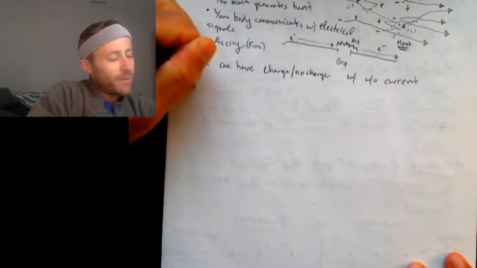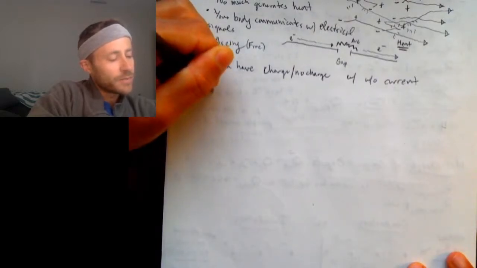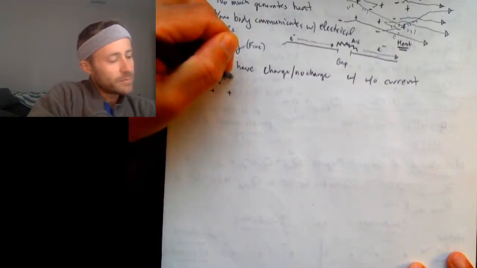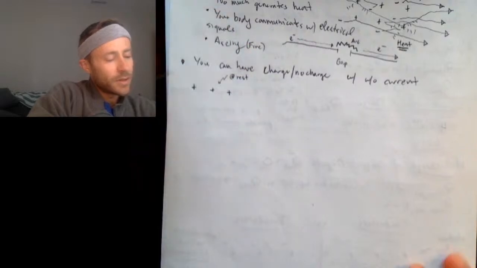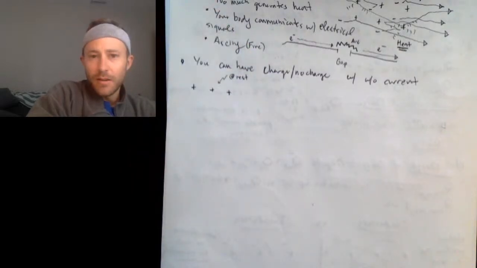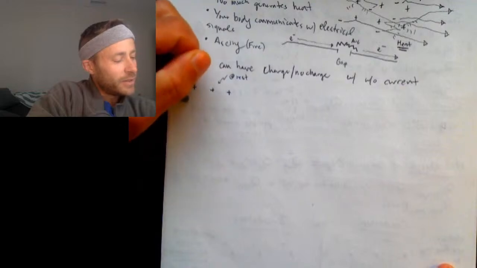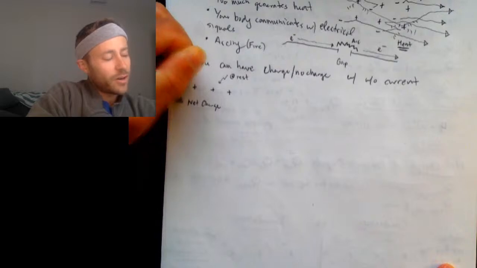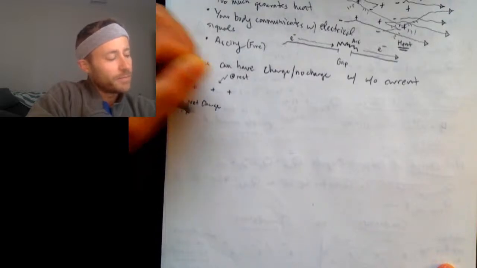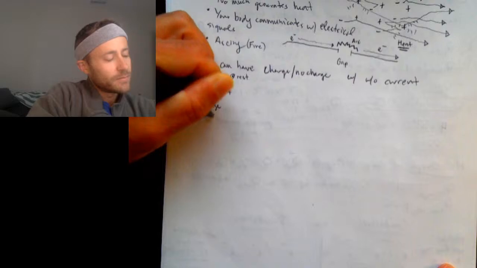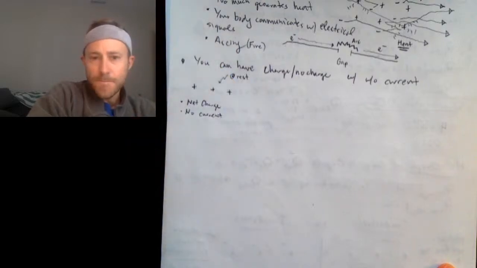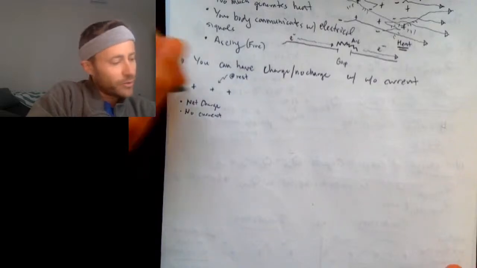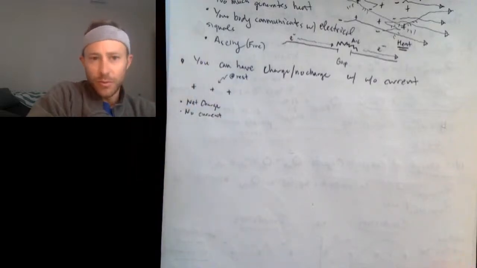If you have positive charge that is at rest, this is net charge, but you have no current. So you have charge, but there's no current because the charge isn't moving.